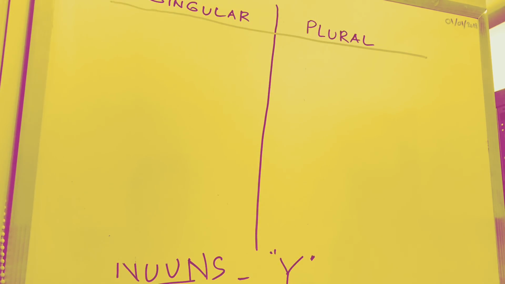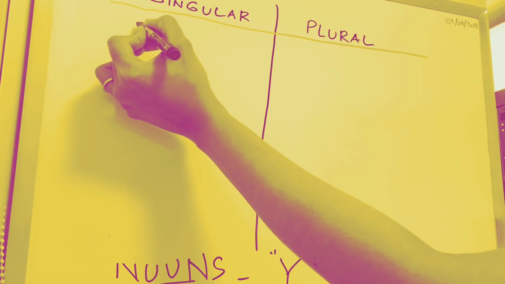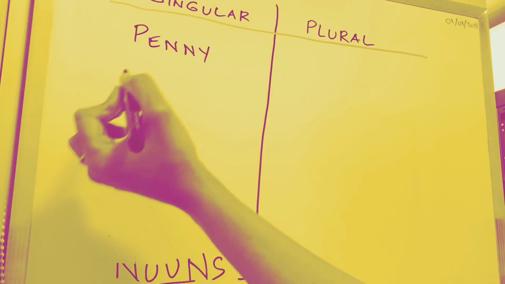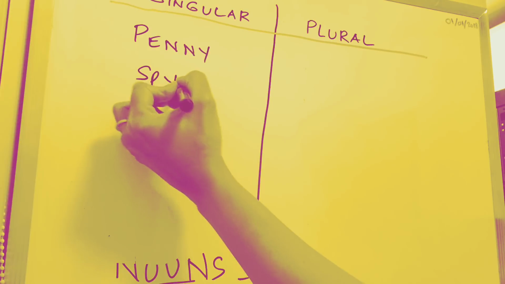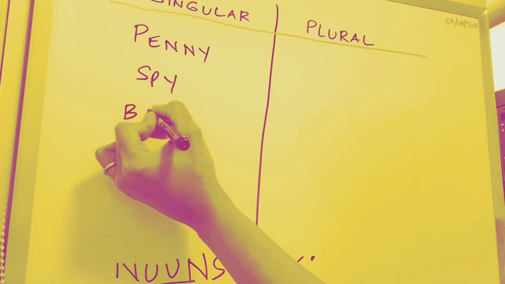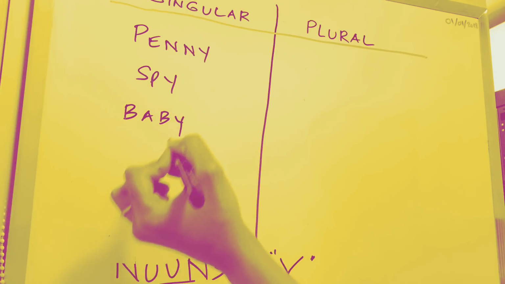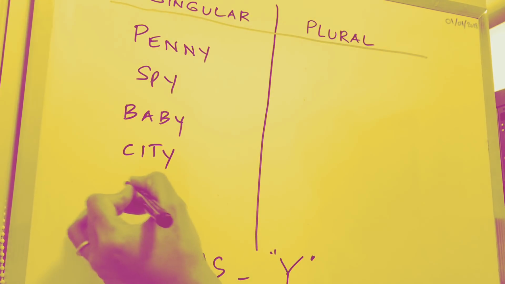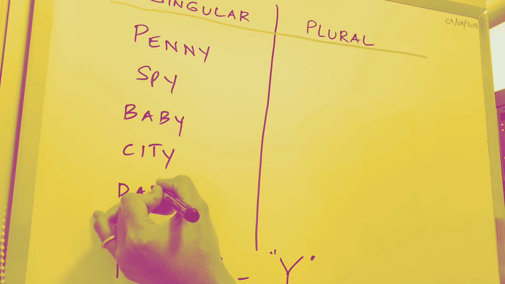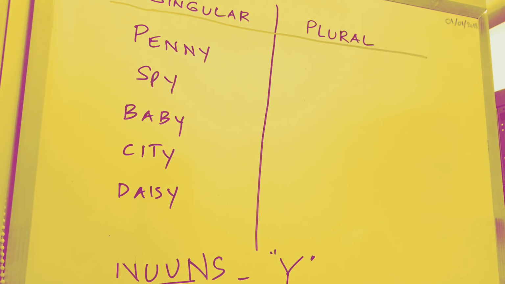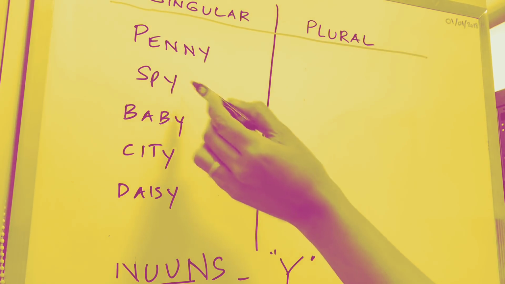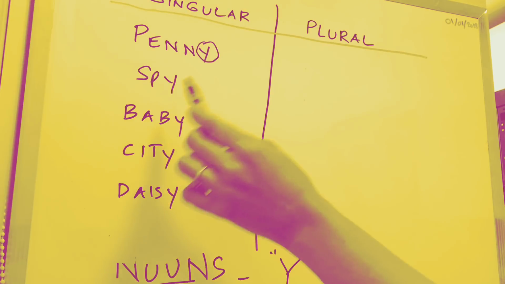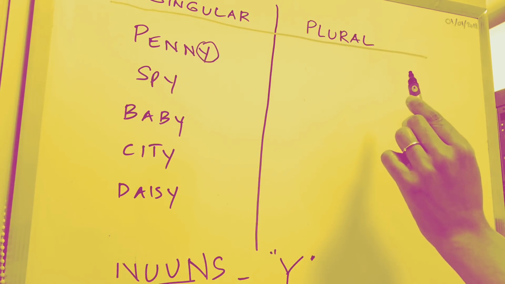So let me write a couple of words and then I will show you how this is changed into plural. Okay, so you can see all these nouns end with the letter Y. So how are you going to talk about it in the plural form?